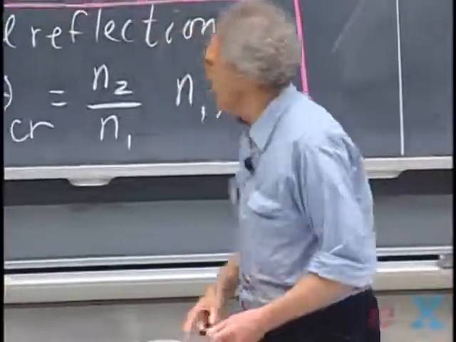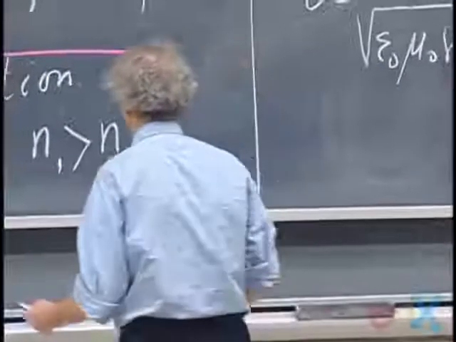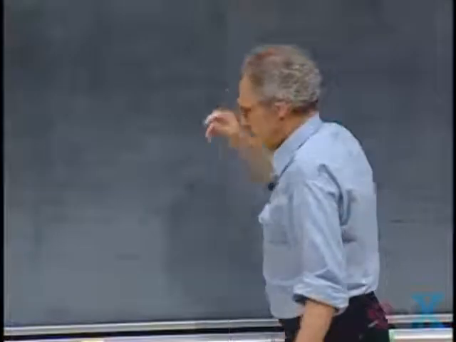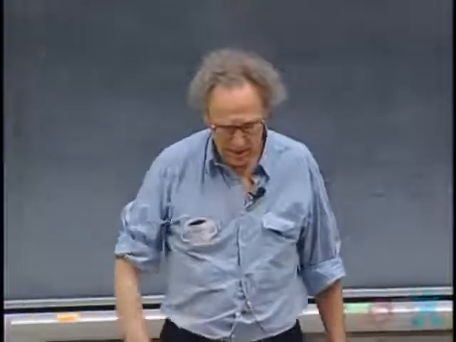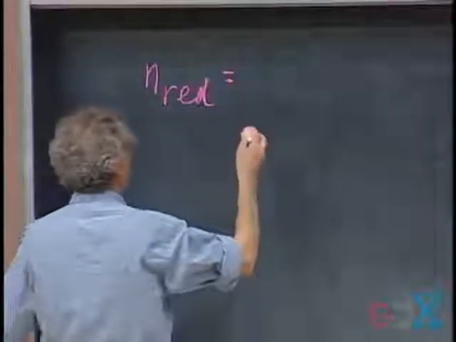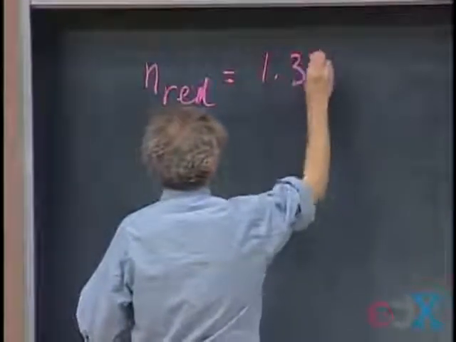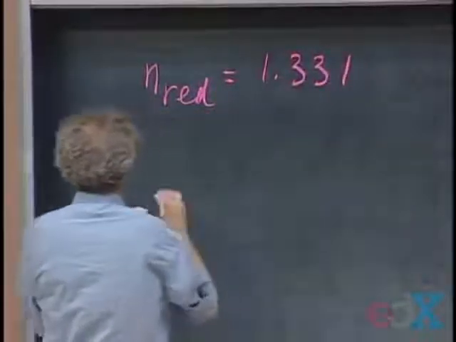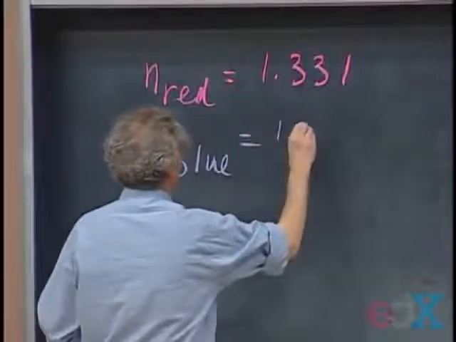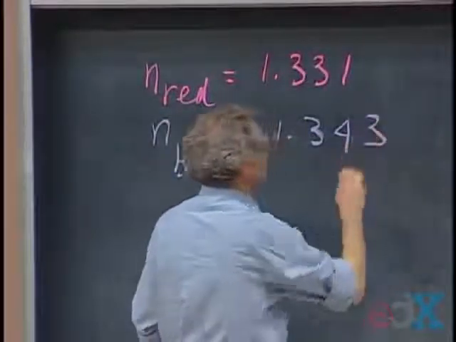The frequency effect is very noticeable. If you take red light and blue light, they have different frequencies, and therefore the index of refraction is different for red light and blue light. For water, the index of refraction for red light is 1.331, but the index of refraction for blue light is 1.343.